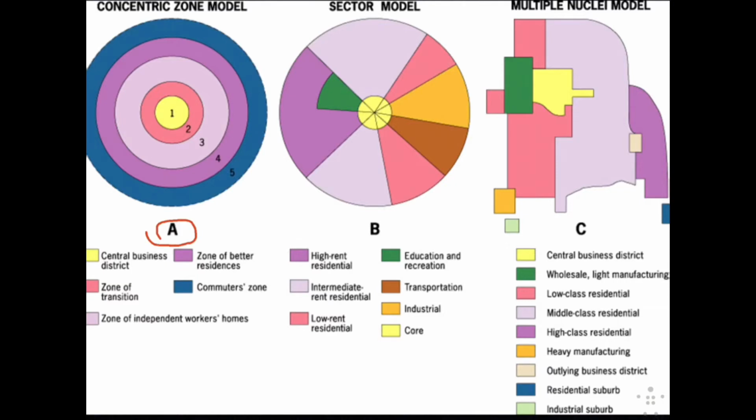Zone 2 is known as the zone of transition. It contains light industry and housing for the poor, and it serves as a transition zone between the businesses in the central business district and the more purely residential areas in the outer zones.